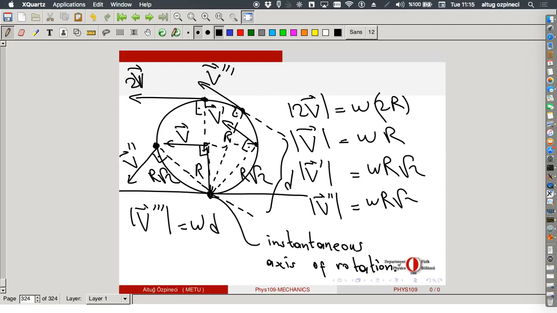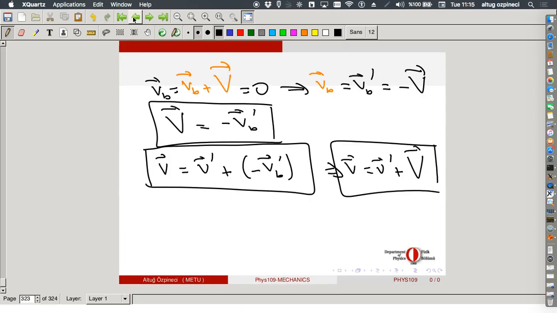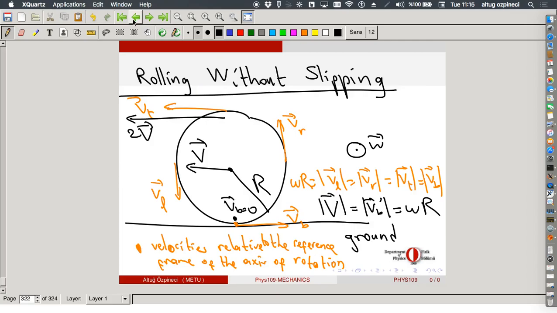Well, it's just at this instant, this axis is fixed. It is rotating around that point. Now, is this point clear? So if you have rolling without slipping, first of all, this is our criteria. V should be equal to omega r. V is the speed of the axis.